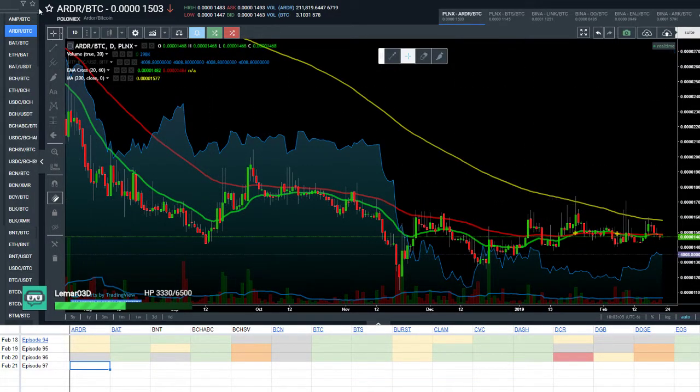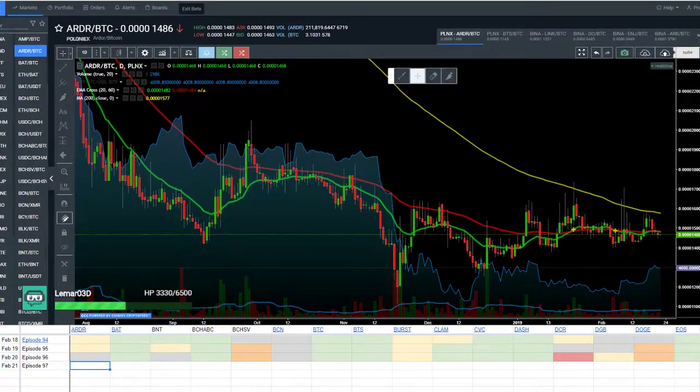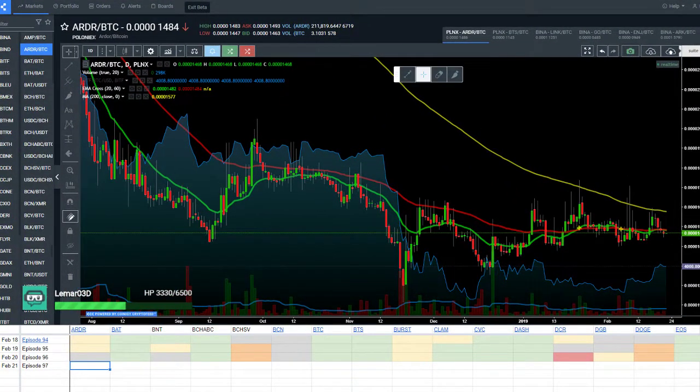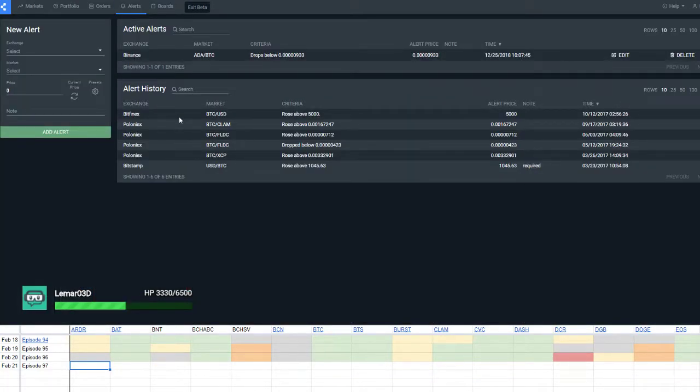Now the other great thing is up along the top here, and you can't see that either. Let me pull the screen down this way just so you can see it for now. So we've got markets, portfolio, orders, alerts, and boards. So I haven't used the alerts thing very much, but I think I'll use it a lot more now that it's this handy where you can go to a central place to see all of your different alerts.